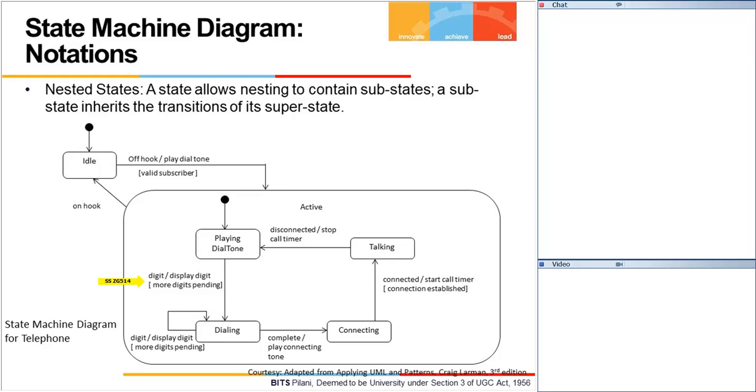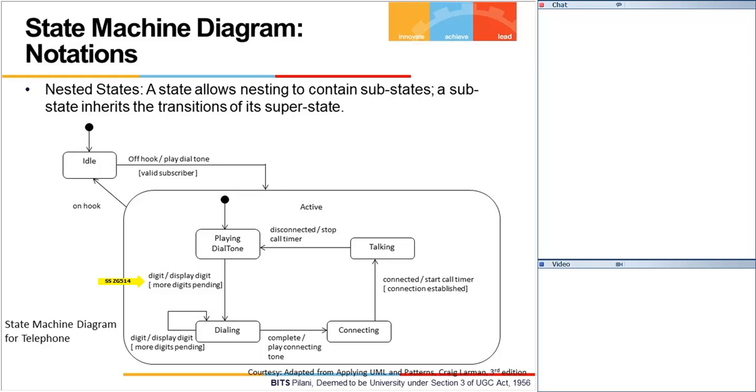So there are phones which keep track of the number of digits that you have entered, and once it finds that the number of digits entered are as per a mobile number or a landline number, it would automatically go into a connecting state, right? Whereas there are phones wherein you keep on adding more digits, and until and unless you press some go button or a dial button, it goes into the dialing state, right?